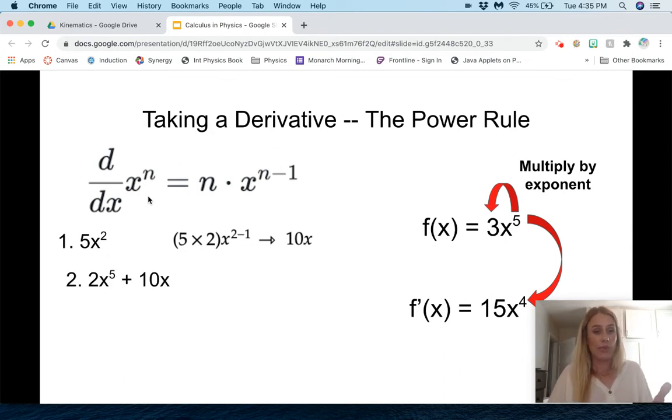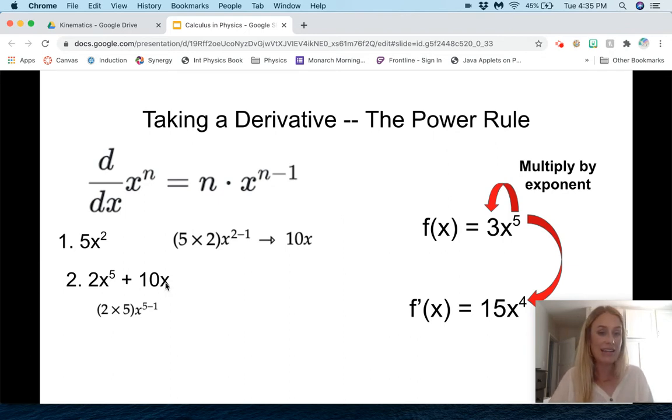Second example, we now have 2 terms here, both with x in them. So it looks a little bit scarier, but don't worry, all you're going to do is take the derivative of each term one at a time. So the first one, we have 2 times x to the fifth. You take the 5, multiply 2 times 5, and then subtract 1 from 5. So we have 2 times 5, which is 10, x, and then 5 minus 1 is just 4. And then plus, we're going to take the derivative of 10x.